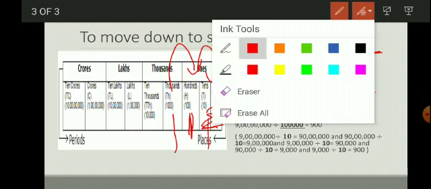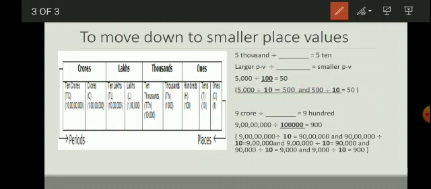Let us see the next example. 9 crore. We are in the crores place. 9 crore divided by dash is equal to 900. We are here. So how many place values do you have to move down? Let us see. 1, 2, 3, 4, 5.